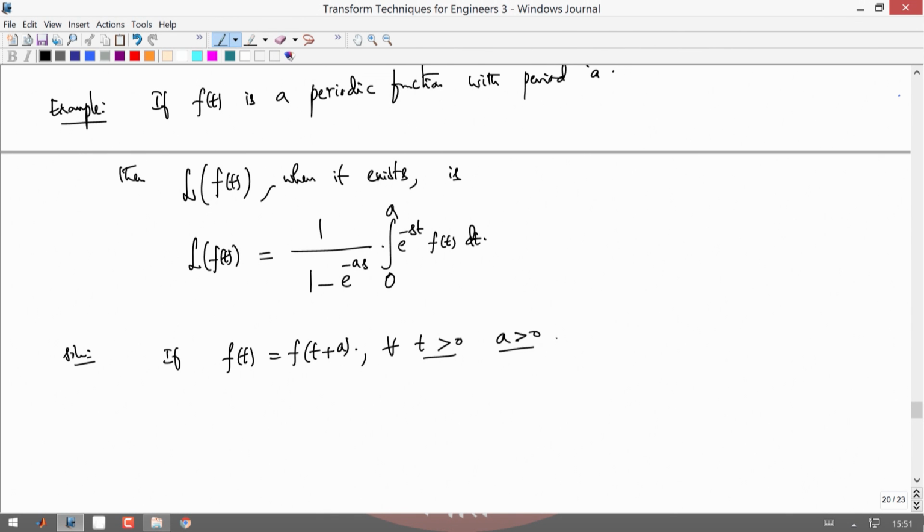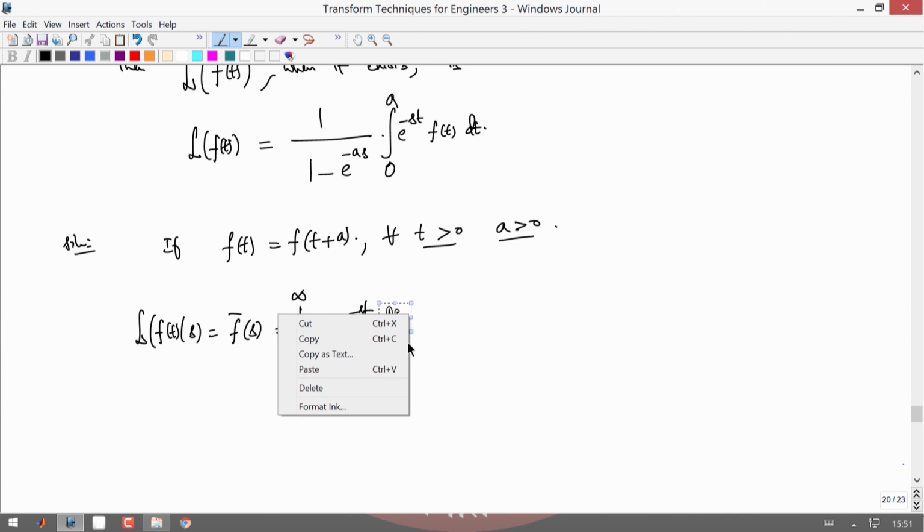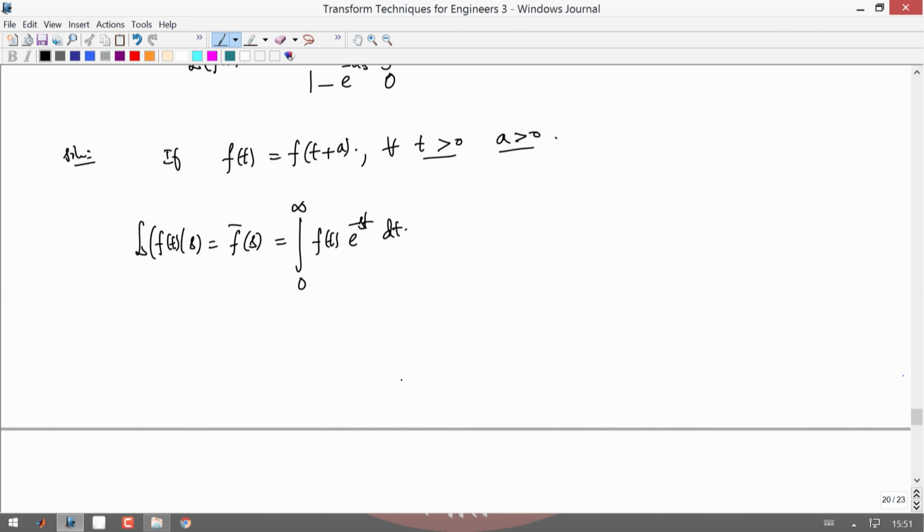Then the Laplace transform of f of t as a function of s, f bar of s, is the integral from 0 to infinity of f of t e power minus st dt by definition, if it exists. You write this as the integral between 0 and a of f of t e power minus st dt, plus the integral from a to infinity. I split this into two integrals.